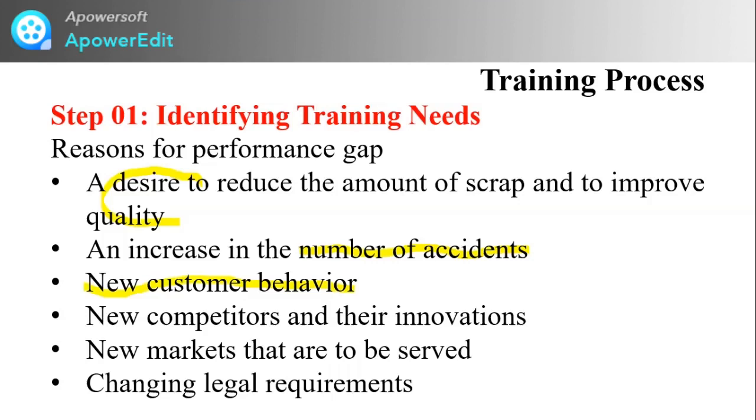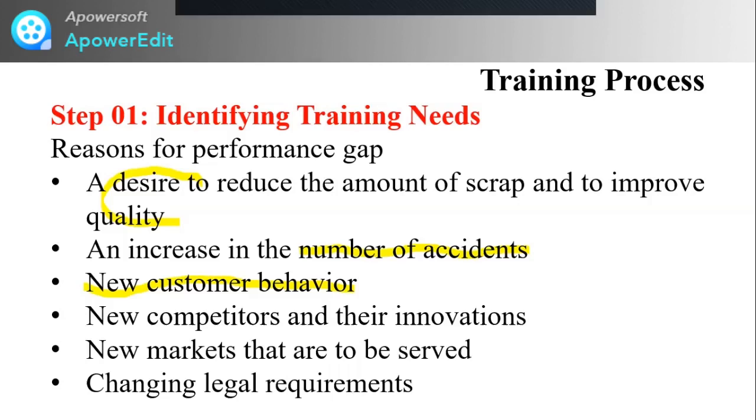When customer behavior changes, we have to adapt to these changes, otherwise there is no survival in the market. Therefore, when there is a change in the customer, we have to study the change, then change our product and our service. Then we need the training program.